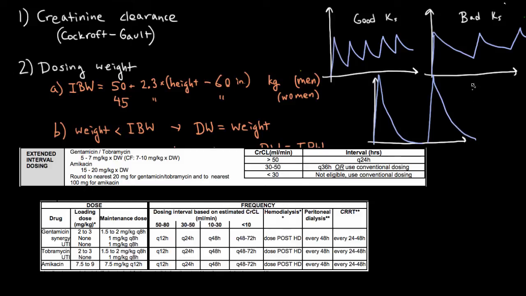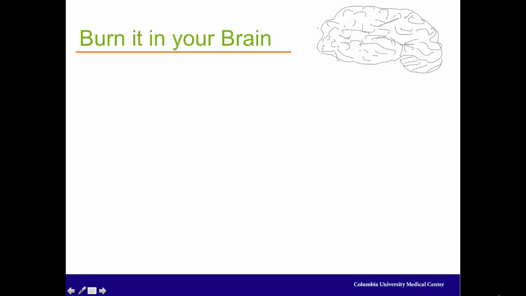And so you'll notice that these two, conventional dosing with bad kidneys and extended interval dosing with normal kidneys, are not the same at all, because extended interval you have high peaks and your concentration drops all the way back down to 0, whereas conventional dosing, your peaks are not as high, and your trough does not go all the way back down to 0. And that distinction is really the important one to distinguish extended interval and conventional, not simply how often you're giving the drug.